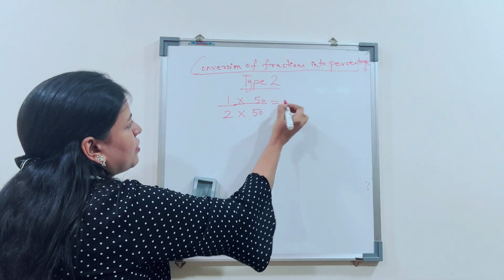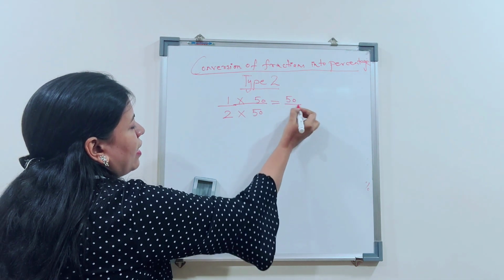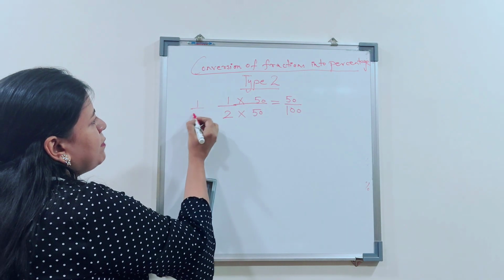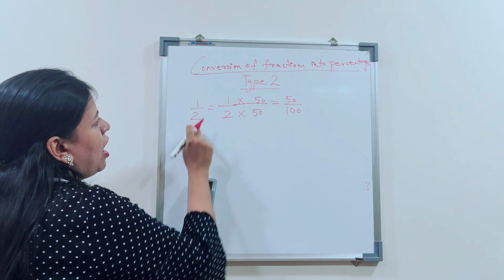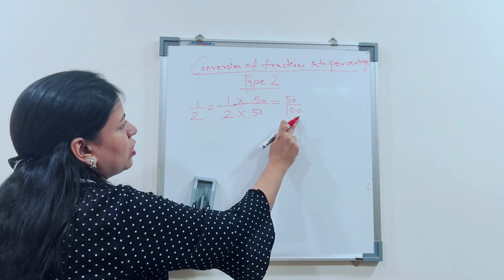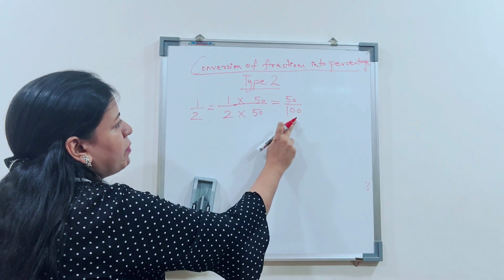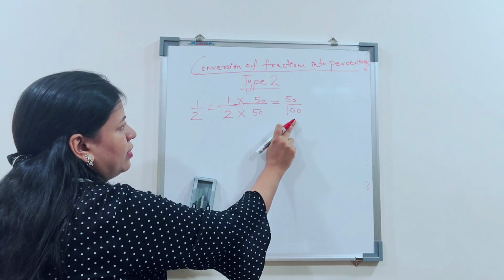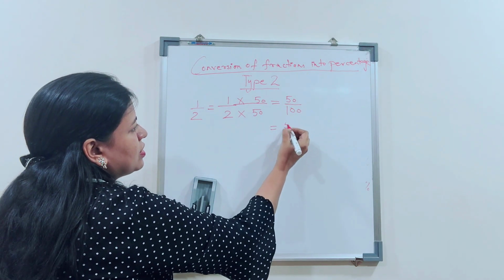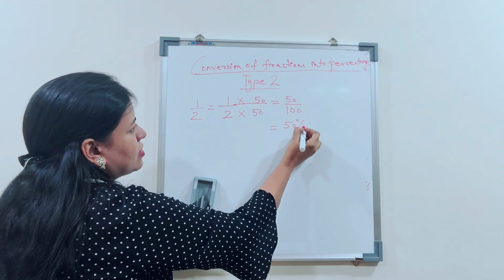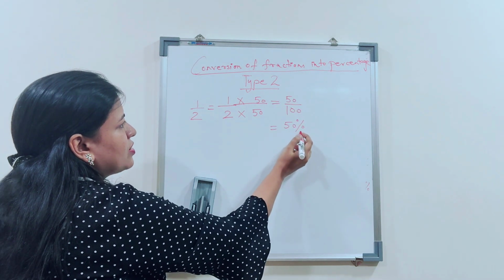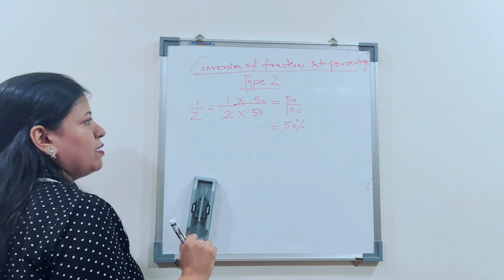That gives me what? 50 by 100. Now, you see that type 2 fraction, half, has been converted into type 1 fraction. How? Because I have made the denominator 100. Now, as you have learned, 50 out of 100 is what? 50%. Why? Because we write the top number as it is and divided by 100 is replaced with percentage symbol.